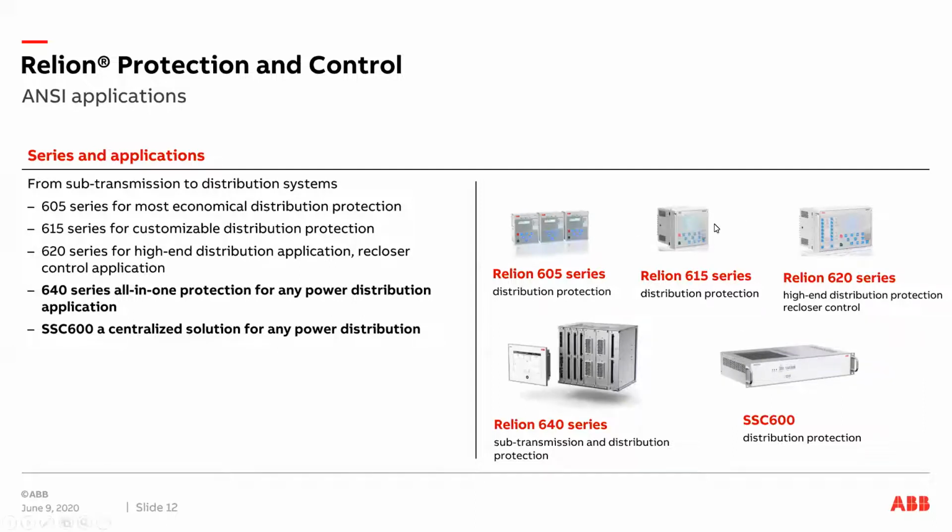So REF 615 belongs to the 615 series relay. RET 615 is a transformer relay. REM is a motor relay. REG is a generator relay, and so on. So that's how the products are categorized. These are application-specific products, which means an REF is dedicated for feeder application. REG is dedicated for generator application, and so on.